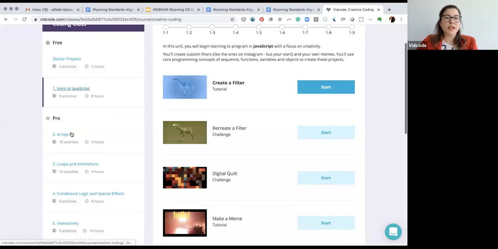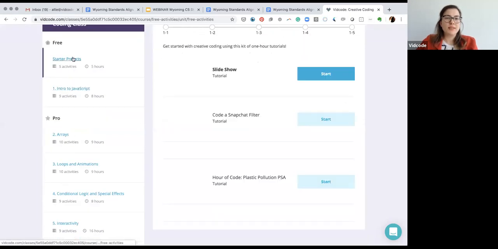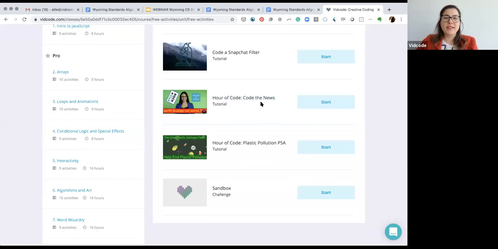We have two sections here, and starter projects is where you find the code the news tutorial that I referenced as a really good crash course introduction to algorithms and programming for your students.